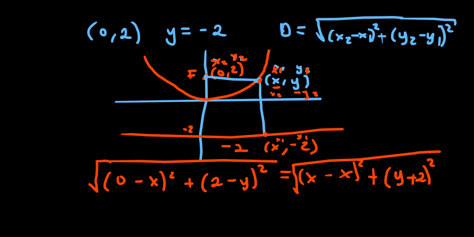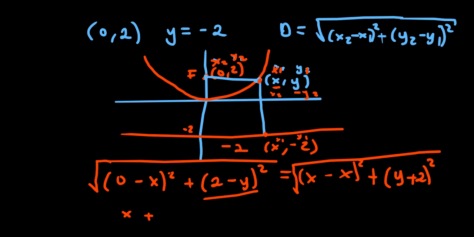Okay, so from here, let's work out what is inside. So here it's 0 minus x, and squared there. I'll just have to square the negative x there, which will give me positive x squared. Plus, I can expand this here.